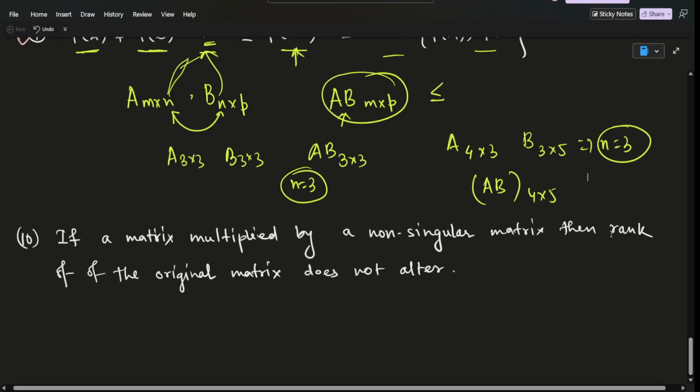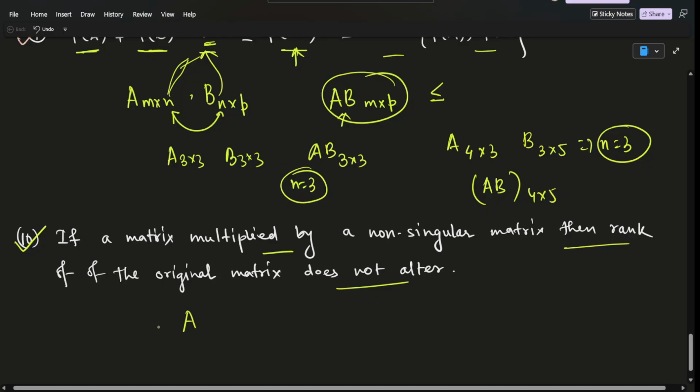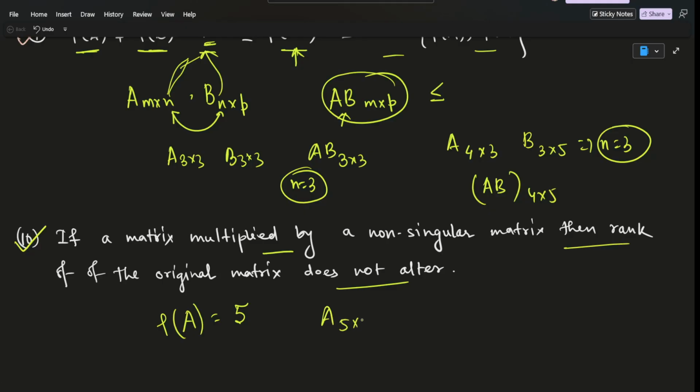Now the number 10 result is, if a matrix is multiplied by a non-singular matrix, then the rank of the original matrix does not alter. So suppose A is a matrix, rank of A equals 5, and A is a 5 by 5 matrix.